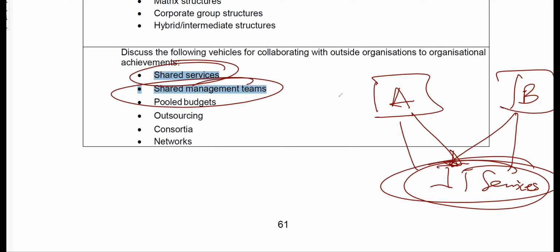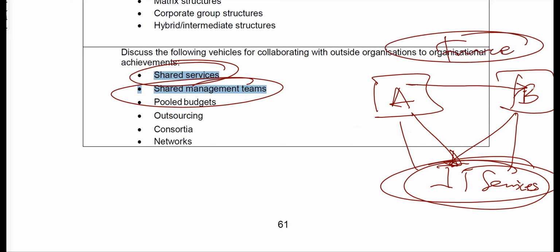Shared management teams, I outsource my money. Let's say I outsource these people, I know they are good with finance. So I outsource my finance to them, and they will outsource maybe production to us because you are good with production. So shared management teams. Simple. Right? Then we have consortia.